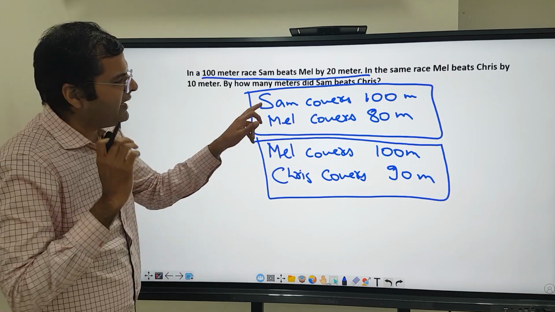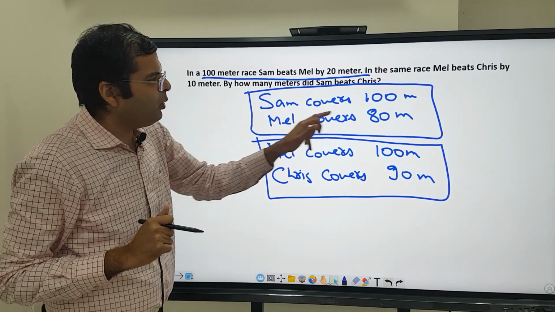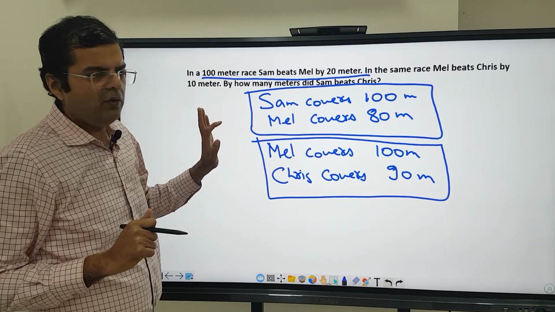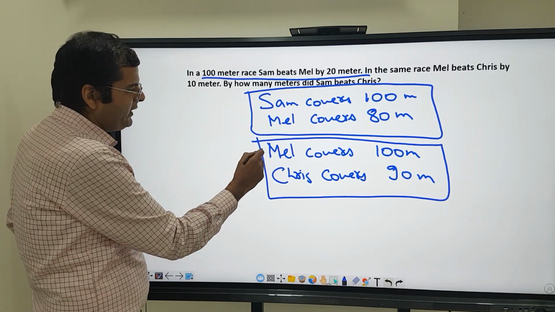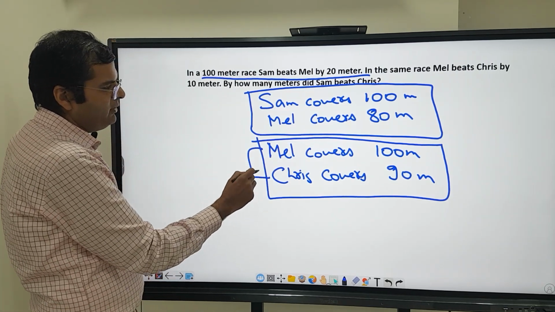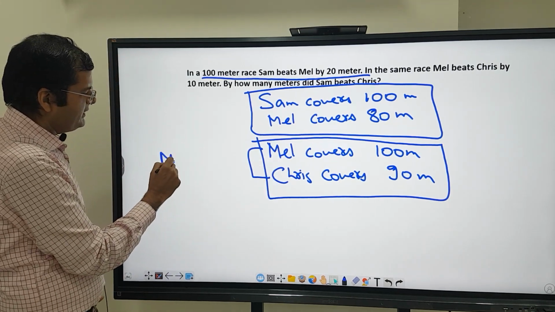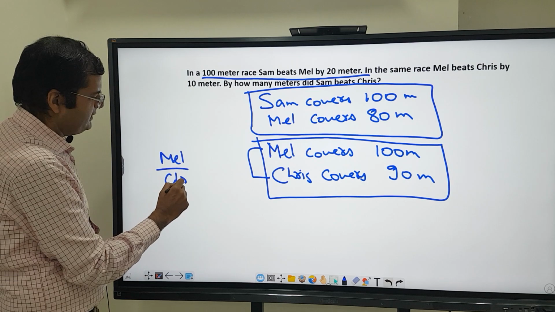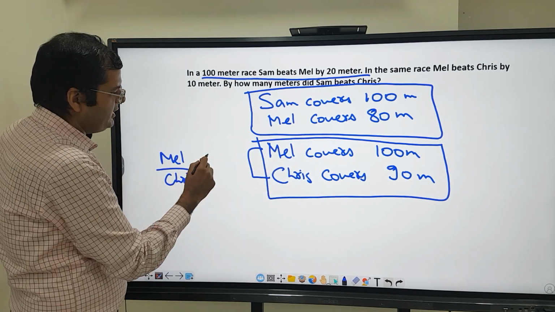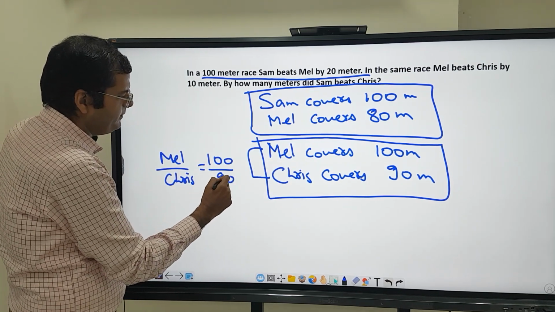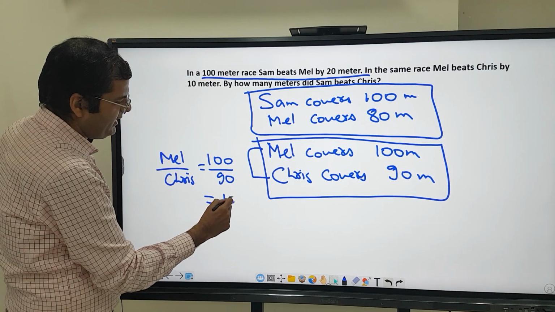Now if you look at it, when Sam covered 100 meters, Mel was at 80 meters. In the Mel-Chris scenario, the ratio of the distance covered, Mel upon Chris, is 100 upon 90, which is 10 by 9.